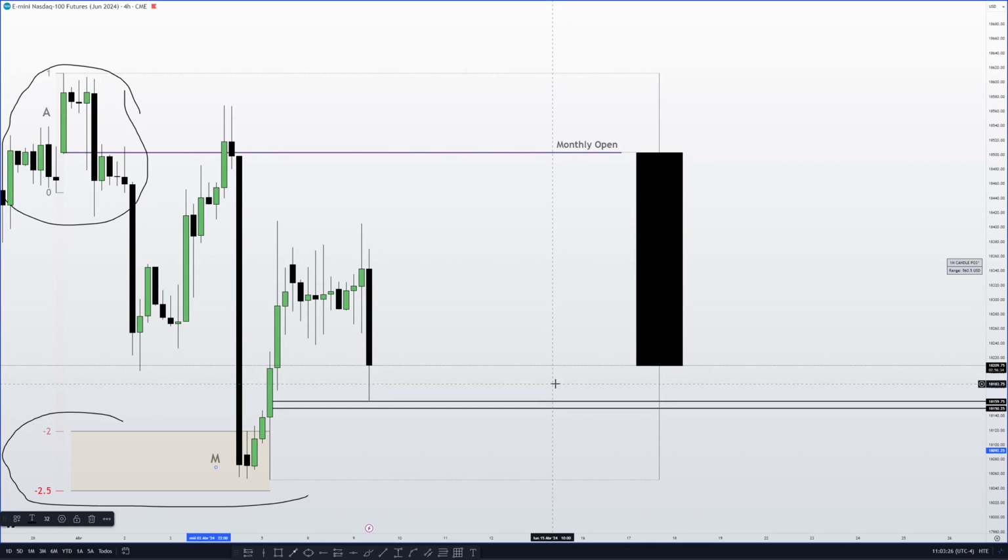So this second week, it's likely to be the Tuesday. In the Tuesday of the week, the most probable is the distribution, price printed the high of the week or the low of the week. So in this second week, it's probable that the low of the month or high of the month is printed. So probably price here is in the manipulation phase.